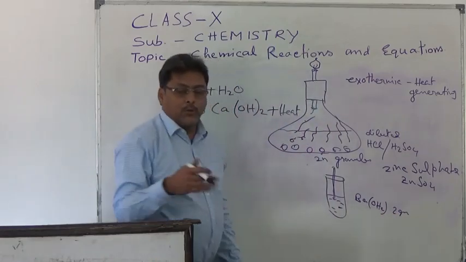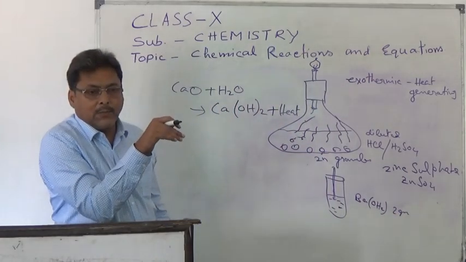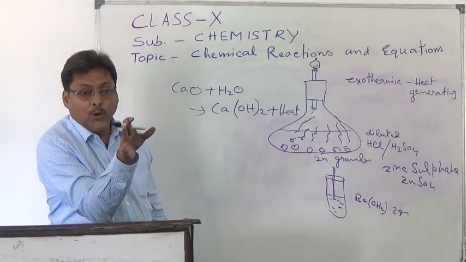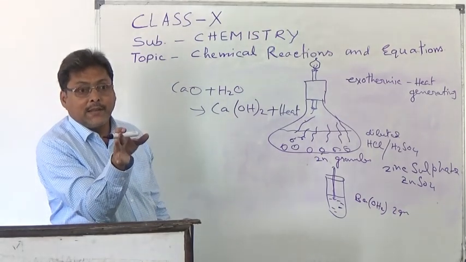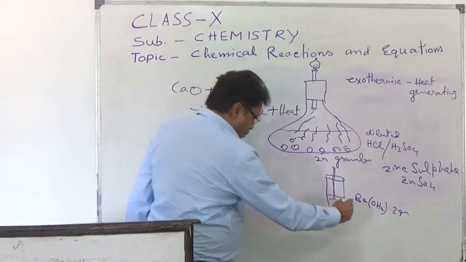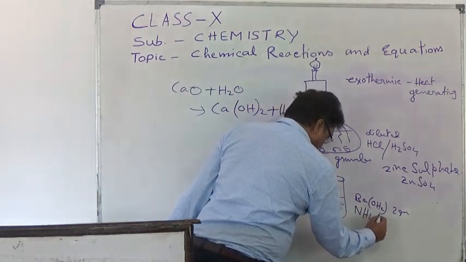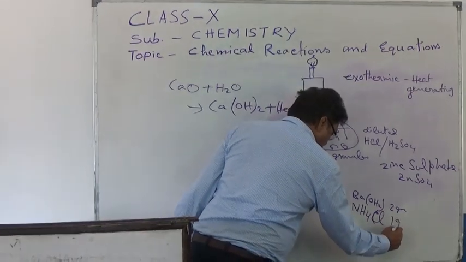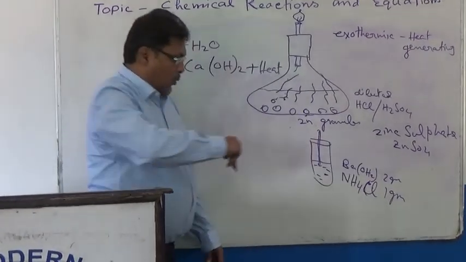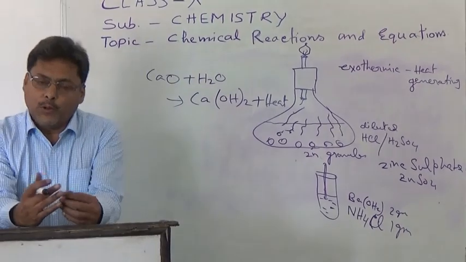There is a proportion, you know also that a chemical reaction must happen when some proportion, the law of proportion, is maintained. And 1 gram of ammonium chloride. What will happen?